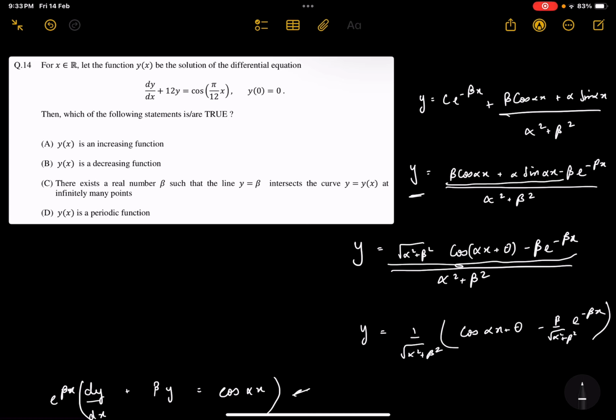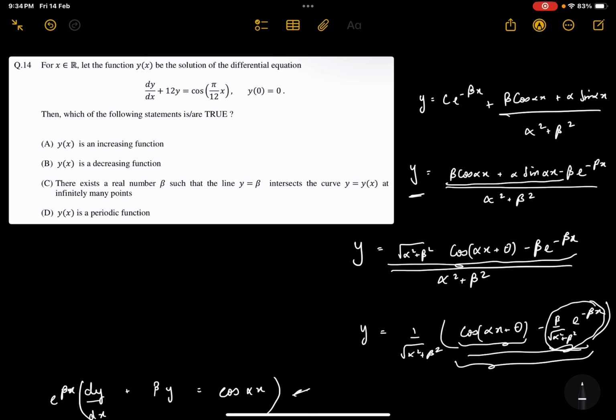So when x is sufficiently large, this thing will become smaller than 1, such that we'll have multiple solutions of cos(alpha x plus theta) equals something from 0 to 1. In each interval of 2 pi, we'll have a solution for this equation, so this thing will be 0 multiple times.